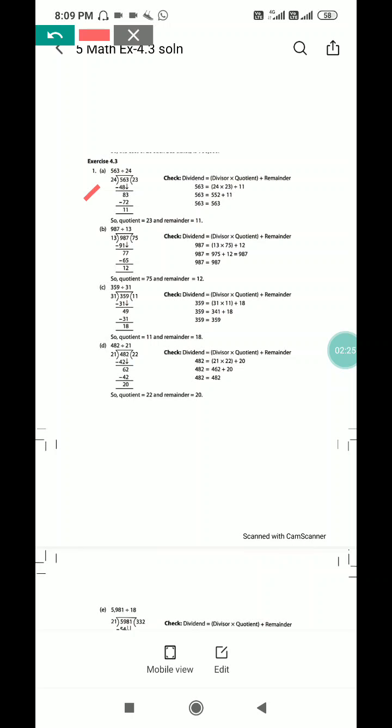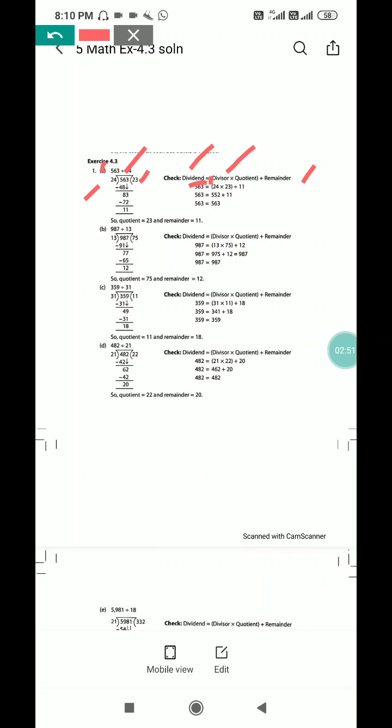How will we check? We have already done this by a formula for checking. Dividend equals divisor into quotient plus remainder. So here dividend is 563, we have written. Divisor is 24, so we have written.